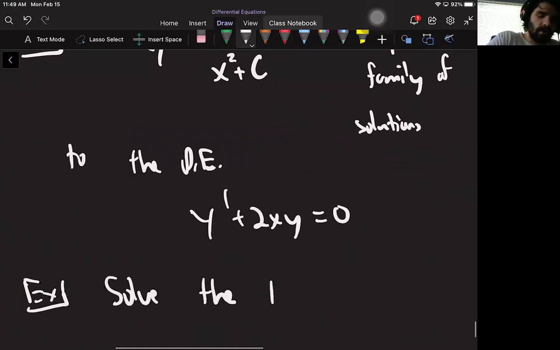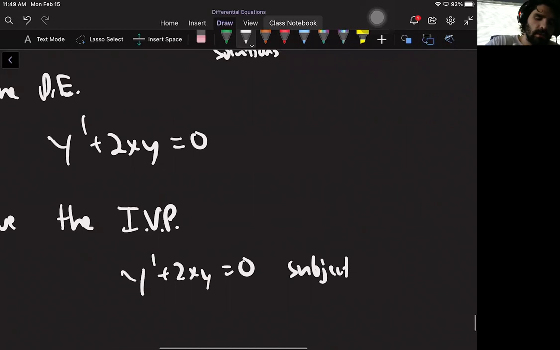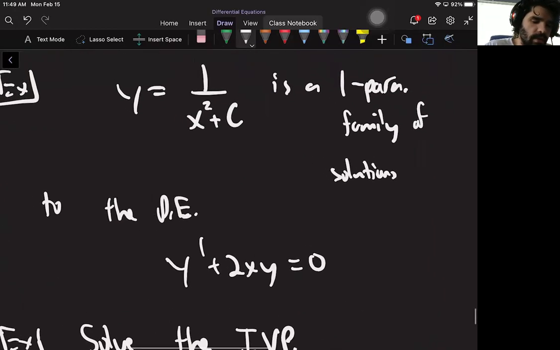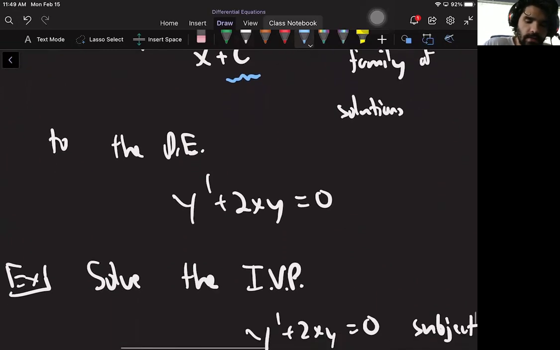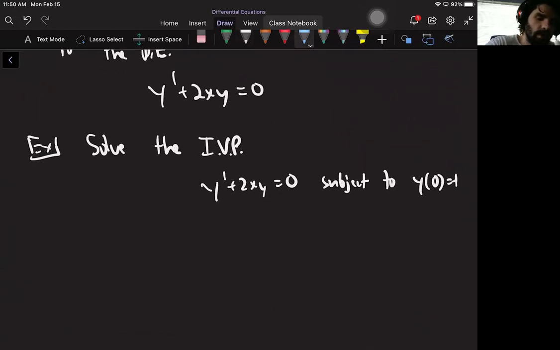But now, if I say solve the initial value problem with this differential equation subject to y of 0 equals -1, then we have to think a little bit more. What's that going to do? Well, it's going to pick out a specific constant for us. And once we have that, then we'll have an undefined point perhaps on the bottom. So let's see if that happens. Okay, so we know how to do initial value problems.